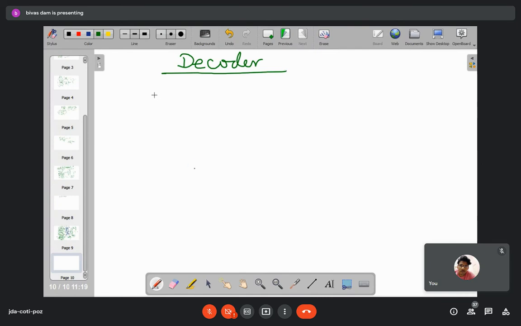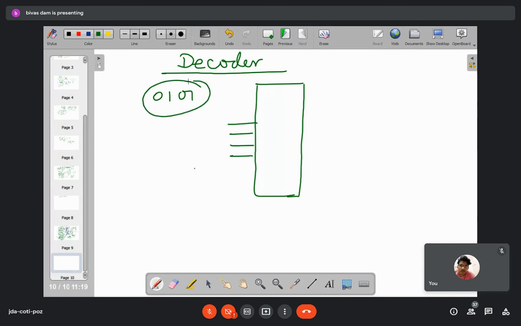Now, depending upon the pattern, say the pattern is 0101, this is the encoded information in binary. Now, somebody does not understand this binary pattern. So for him, it will be much simpler if some sort of circuit is available where these 4 input lines will be there, this encoded pattern will be available as the input, and 16 output lines will be available.